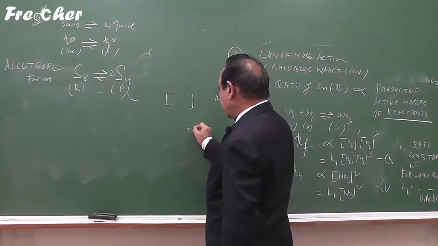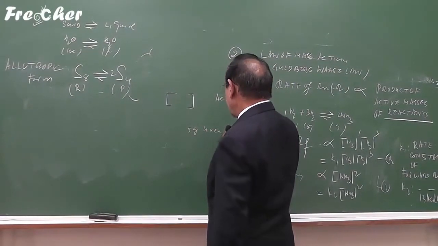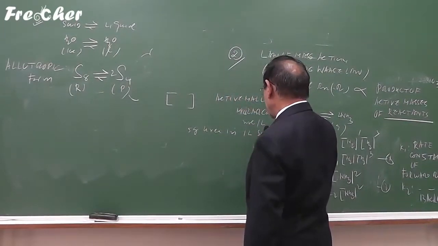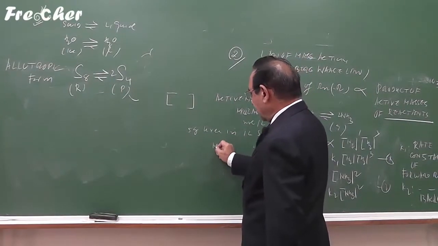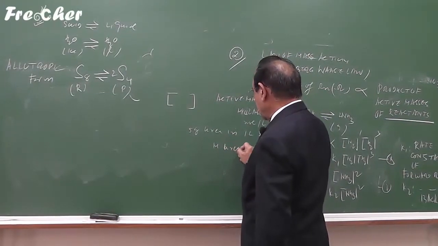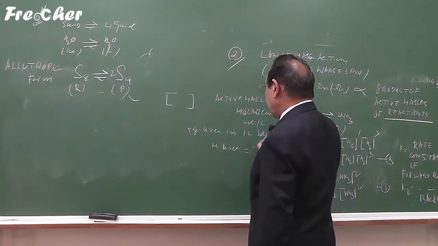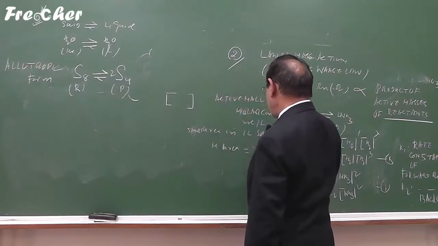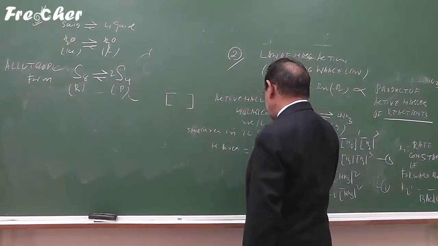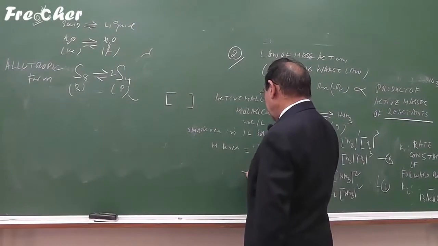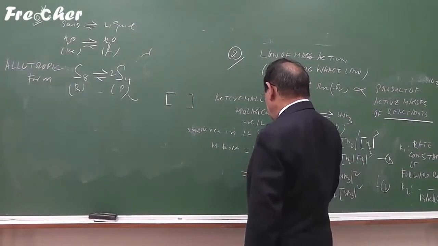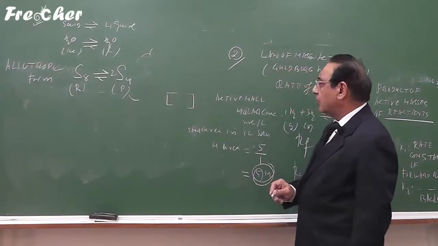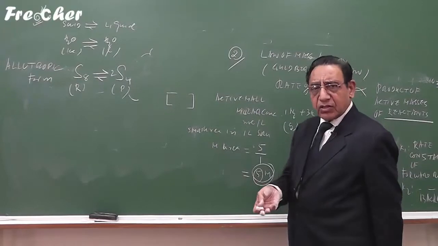Let we have got 5 mole urea in 1 liter water solution. So we will call the molarity of urea, what will it be? Molarity of urea will be 5 mole. Mole I have taken, not gram. 5 mole means 5 mole per liter. So this is 5 molar. I'll call it active mass. So active mass is simplified to molar concentration, which you study all the time, mole per liter.